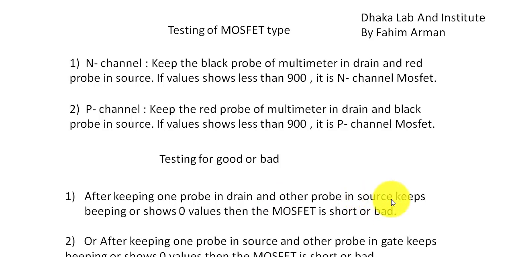If the MOSFET keeps beeping or shows zero values, then the MOSFET is short or bad. Or if after keeping one probe on source and the other probe on gate it keeps beeping or shows zero values, then the MOSFET is short or bad. This way you can test the MOSFET.